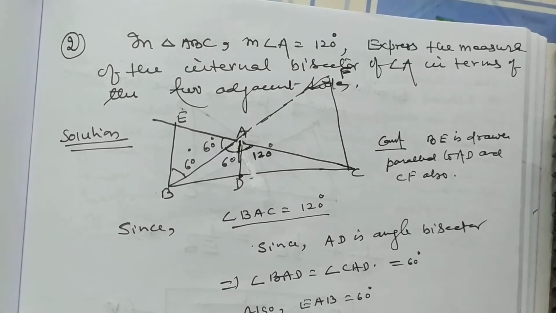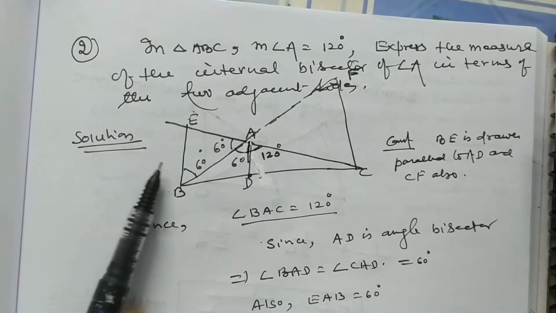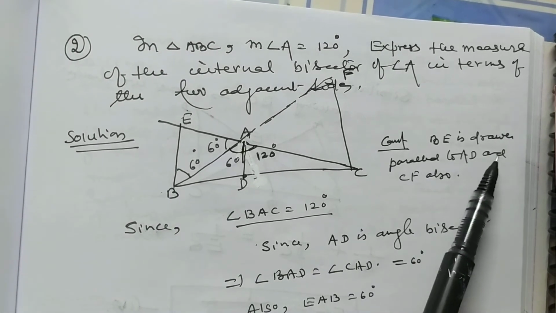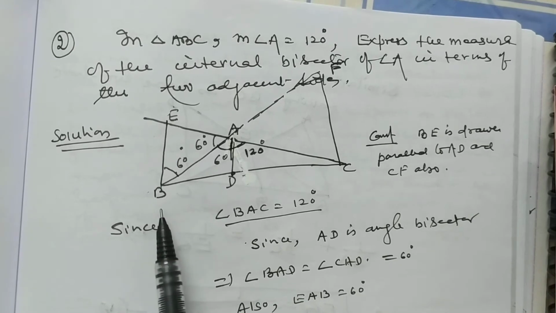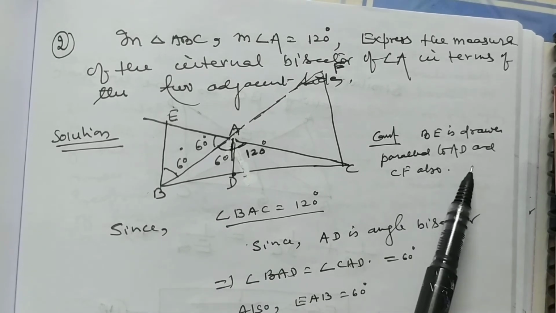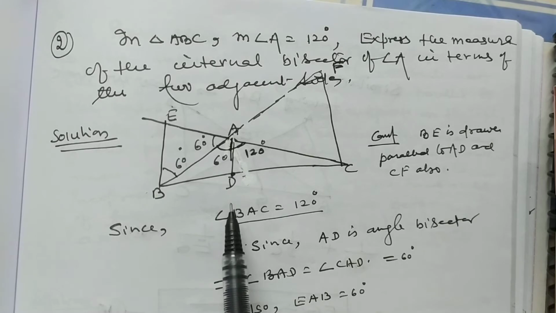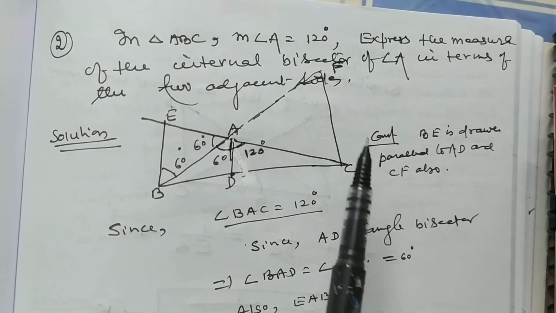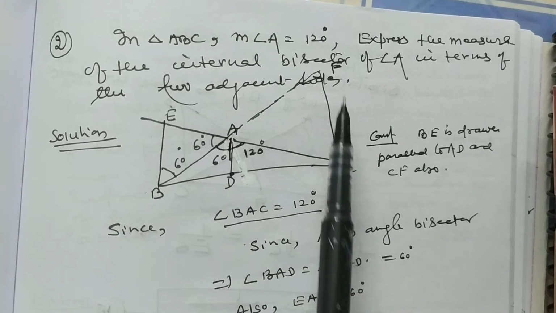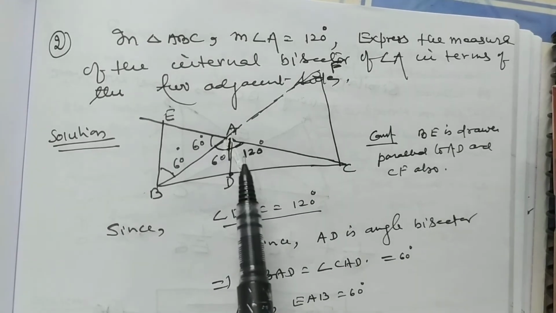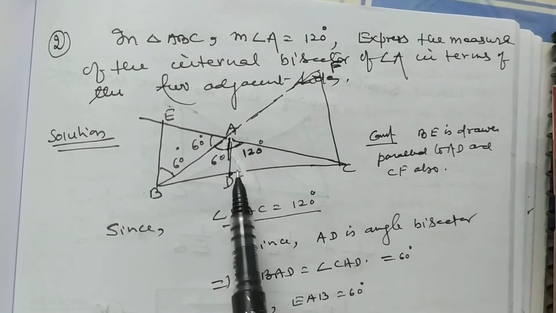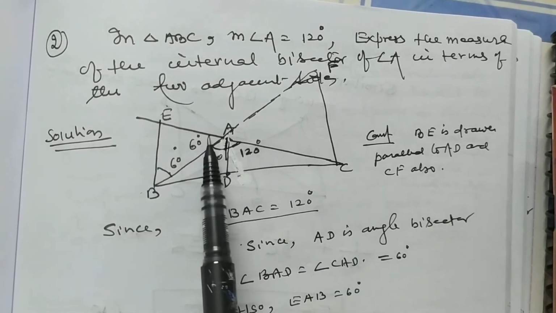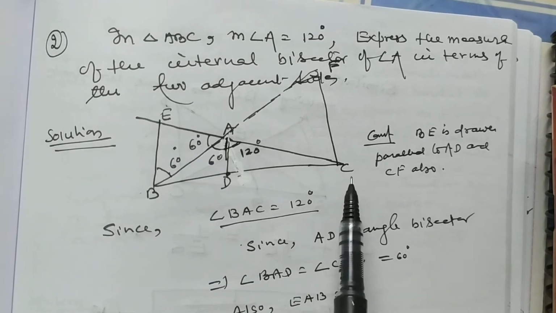So my dear colleagues, now here BE is drawn parallel to AD, and CF also parallel to AD. Here it is given that measure of angle BAC is 120 degrees.